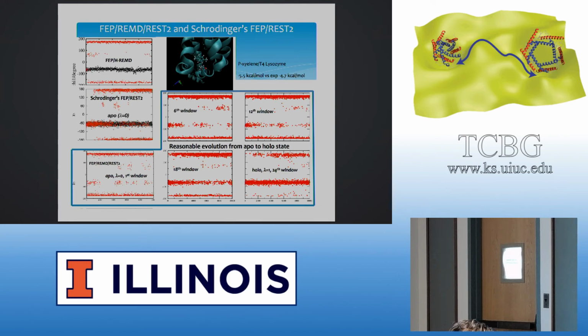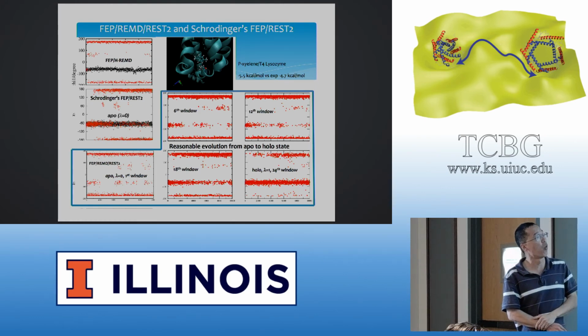And with the interaction switching on, we see that the rotameric state population gradually evolved from the apo state to the final holo state. And the binding free energy, look at here. We calculated the binding free energy is negative 5.5, in agreement with the experimental result.